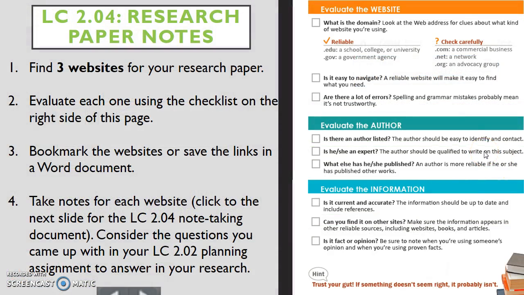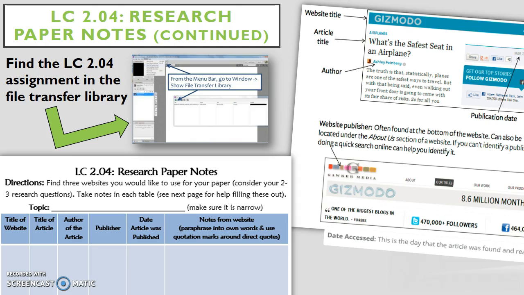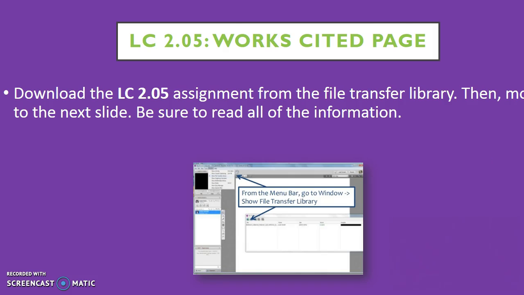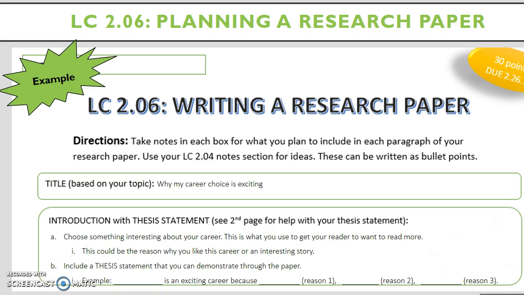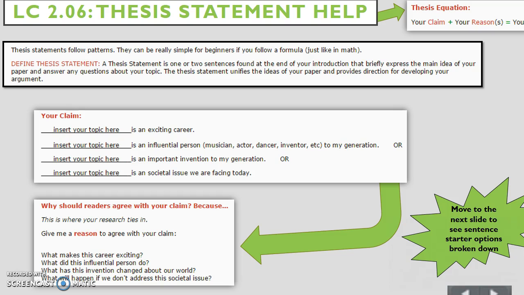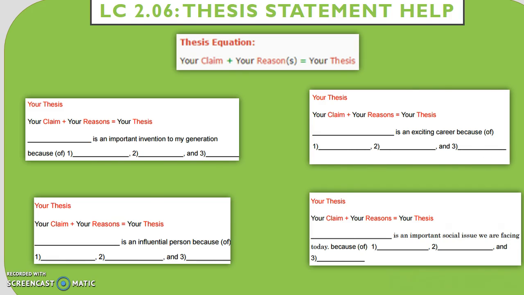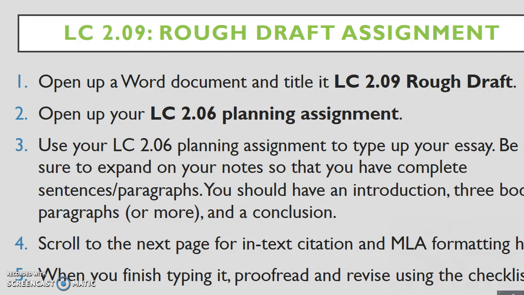2.4, 2.5, 2.6, thesis statement help in case you need it, and then 2.9. So you will want to open up that PDF, and then you can see from whatever step you're at, you can scroll to the one you need.